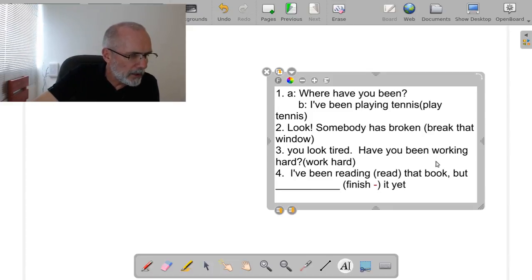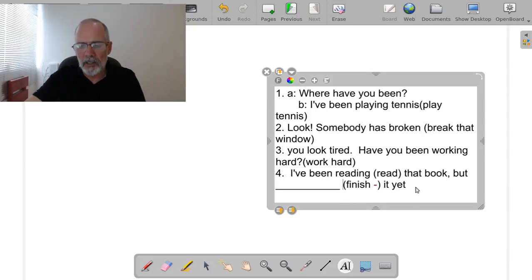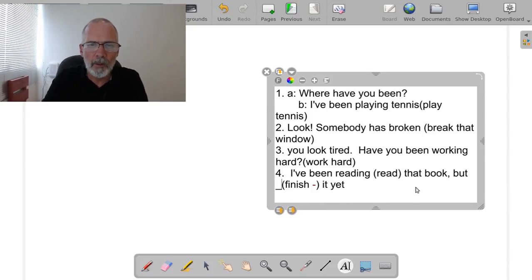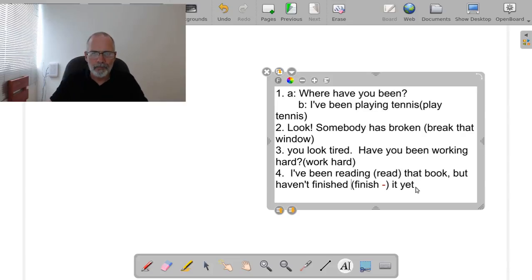So the last one, put it in the negative. But he hadn't finished. Now, hadn't finished is the past perfect. That's another tense. Gonzalo says, have not finished it. Very good. But just one thing, we would put that in the haven't finished it yet.